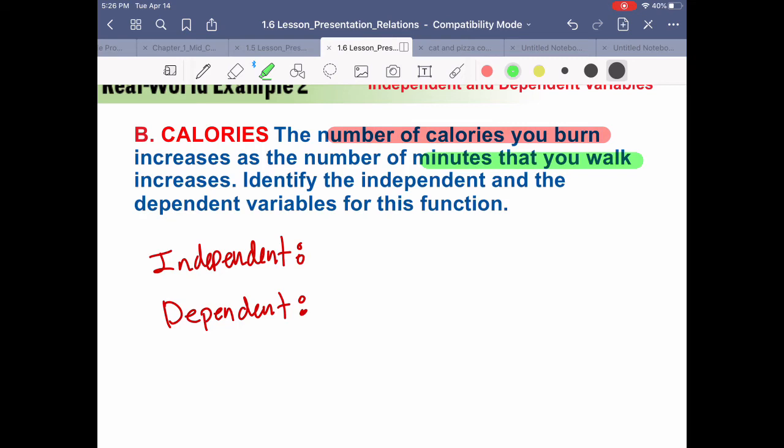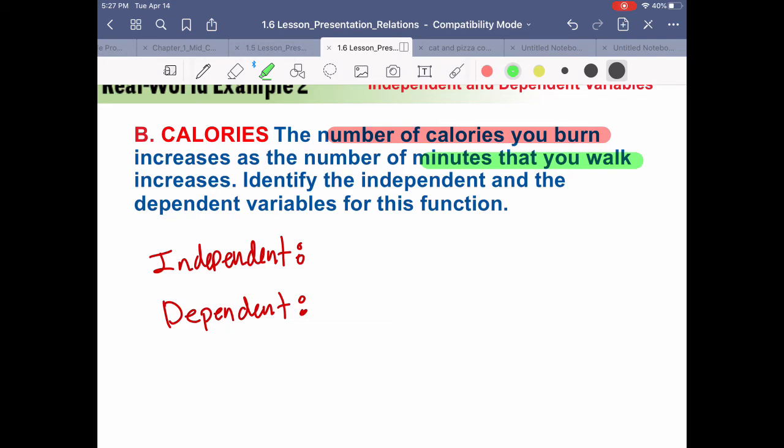Once again, one of them does not make sense. For this one, it's a little obvious because we hear this a lot about walking and burning calories. So the first one is right. The number of calories that you burn will definitely depend on how many minutes you walk. The more minutes you walk, the more calories you're going to burn. So the calories depend on how much you walk.